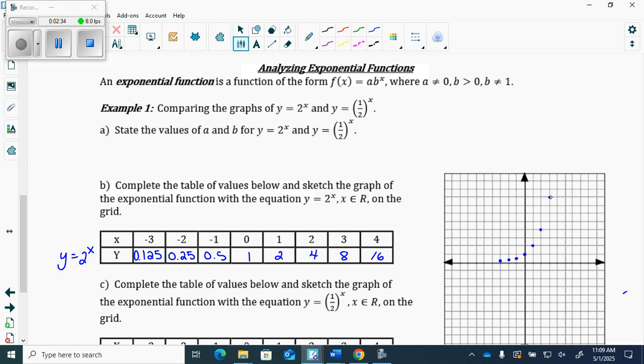So what's happening is I have to start off with something for my y value, correct? So it's never, ever going to reach 0. It'll get close, close, close. For example, if you have radioactive material in your body to be able to do a test in the hospital, they'll sometimes give you a little bit of radioactive material, and then you run this test, and then the radioactive material dissipates.